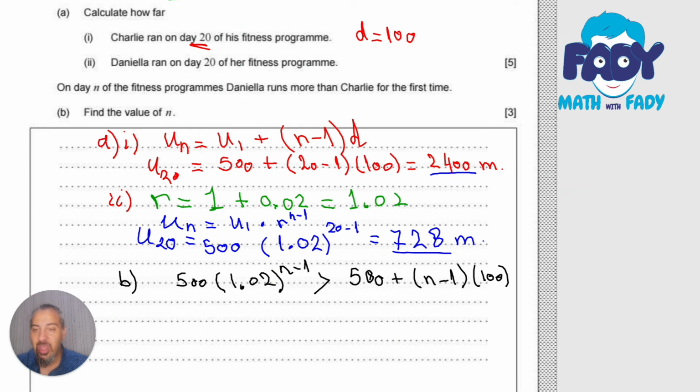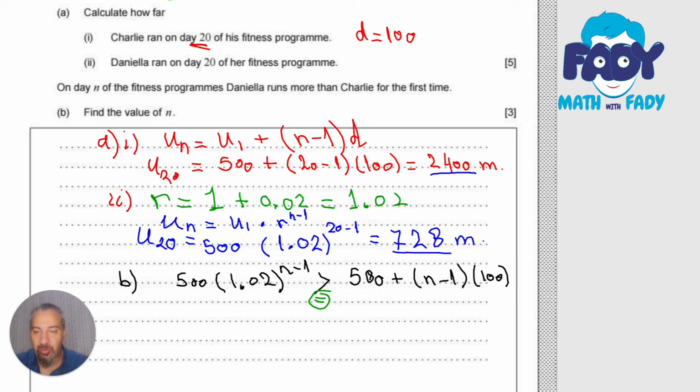We have many ways to solve this. First way, we would use the equation solver, and instead of more than, we will use the equal sign and solve it as an equation. Some calculators will give you the answer n equals 1. Okay, this is true. They both ran the same amount of meters on day 1, but this is not what we are talking about here. We need another day.